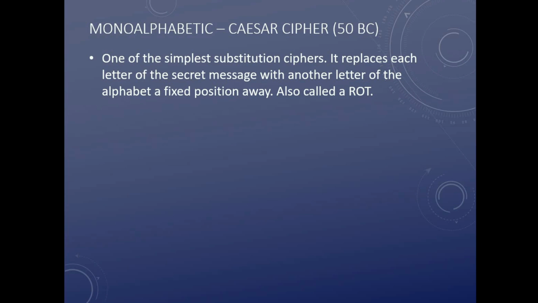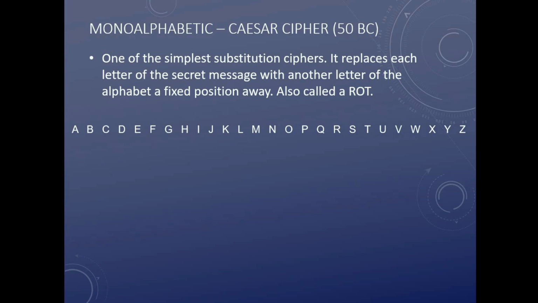Very simplistic, also known as a rot 3, a rotation 3. It just replaces a letter of your secret message with another letter of the alphabet that's in a fixed position. That's the big part. It's in a fixed position.